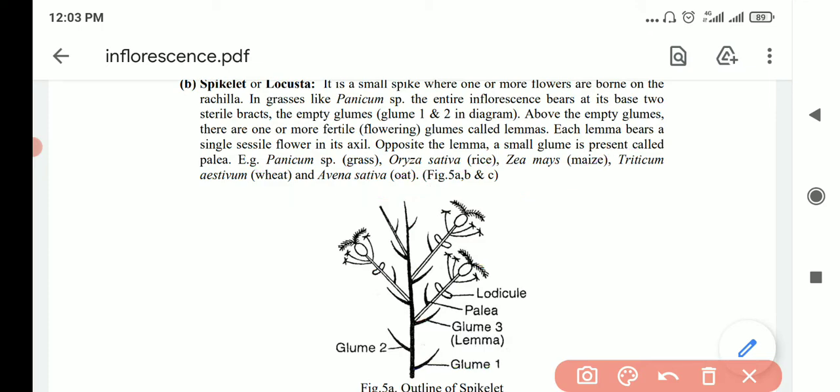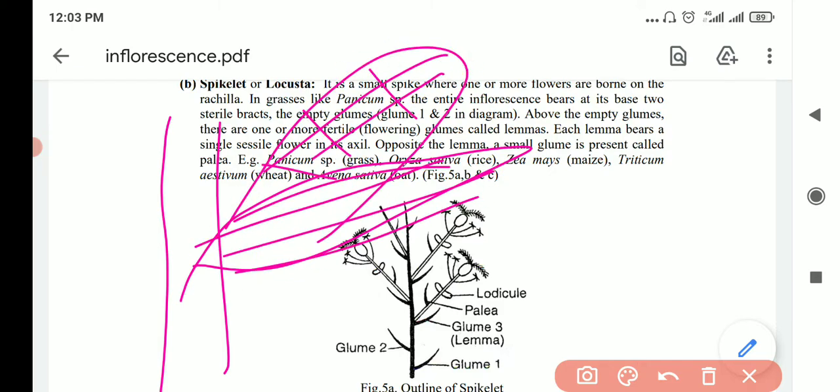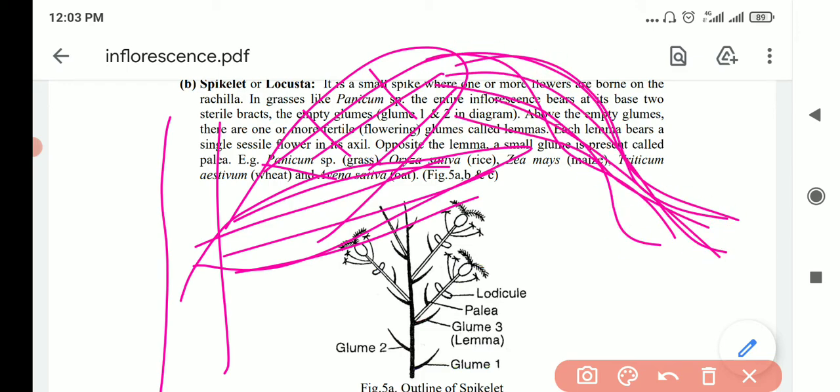Okay, so in a spikelet, let me draw a simple one. Just imagine a corn, a maize. You remember, girls, a maize? Suppose this is that big bract. Then this is the corn, those corn rows. And it has such beautiful hairs.